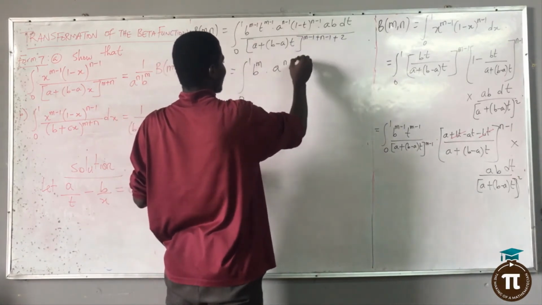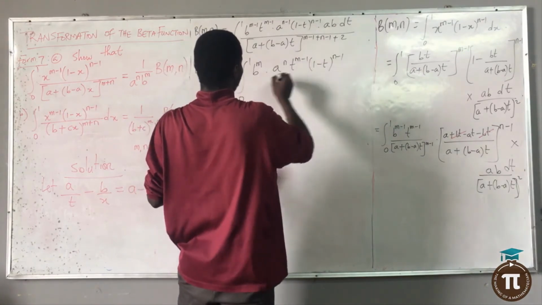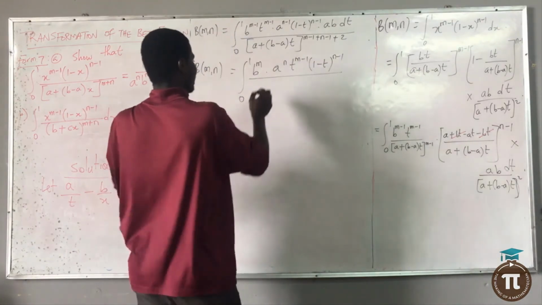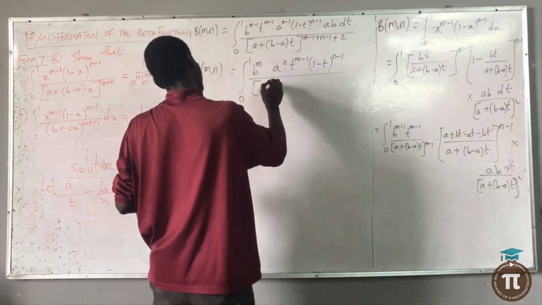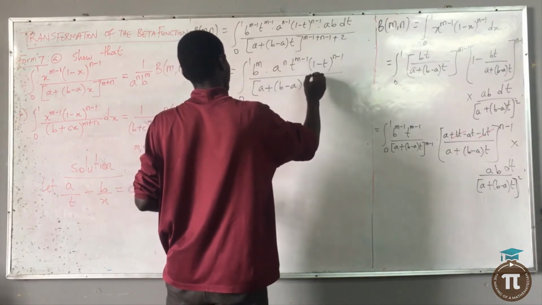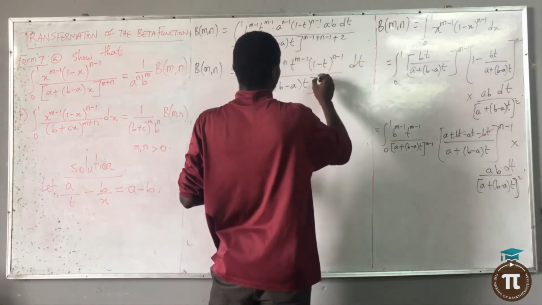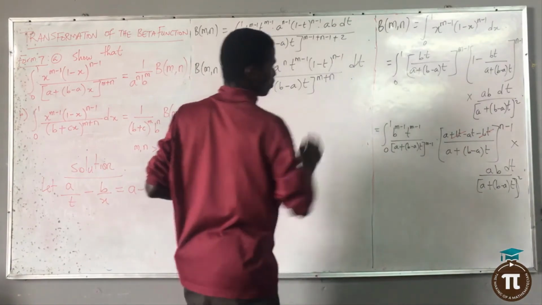Then I have t to the m minus 1, 1 minus t raised to the power of n minus 1 all over a plus b minus at raised to the power of m plus n.